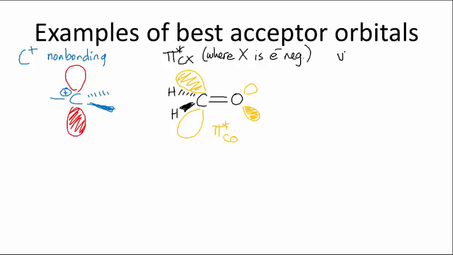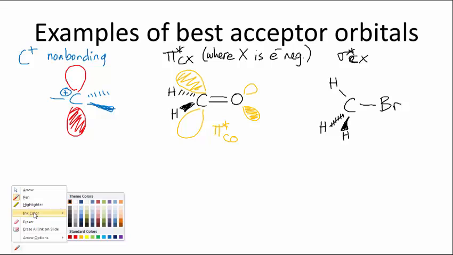And then sigma star CX, where X is an electronegative atom, also tends to be a pretty good acceptor. So, a really common acceptor that I like to use because it rhymes when you say it.